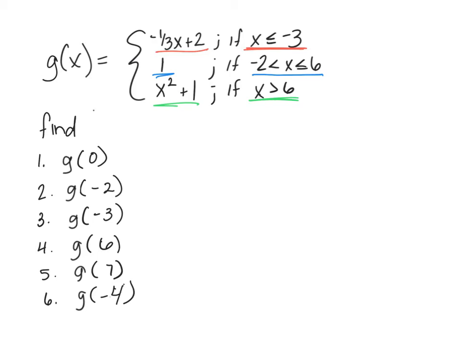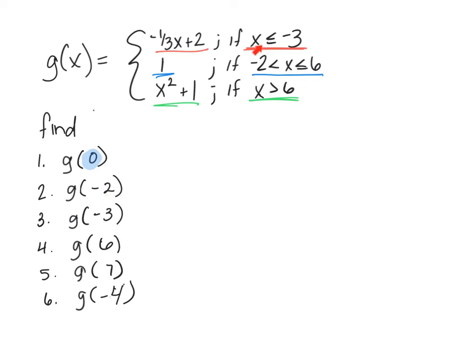G of 0. Is 0 less than or equal to negative 3? No. Is 0 between negative 2 and 6? Yes. So this is a blue equation. And then number 2, g of negative 2.